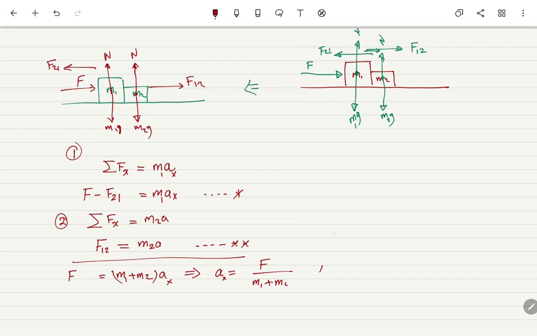Since F12 equals m2a, and we just calculated ax, F12 equals m2F divided by m1 plus m2, and this equals the magnitude of F2 on 1.